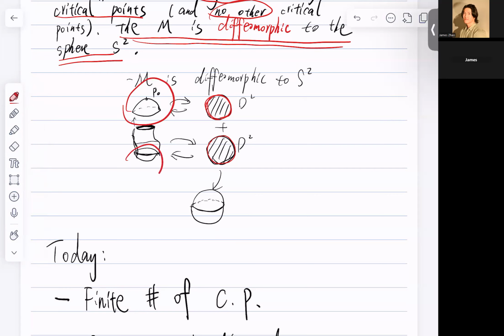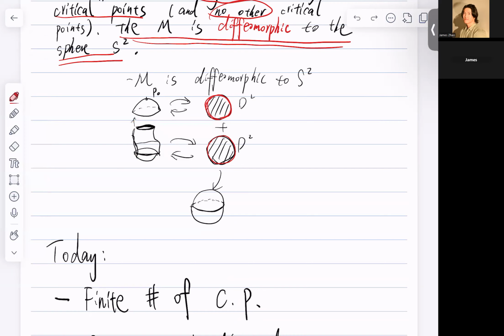We also have this little bottom space that's also bowl-shaped and includes our minimum, which is Q naught. These two spaces we cut off, and then we also have our middle space, which looks like this ugly thing that's kind of like a cylinder, but it can take any shape because functions can be weird.